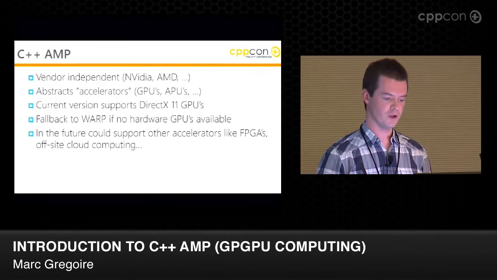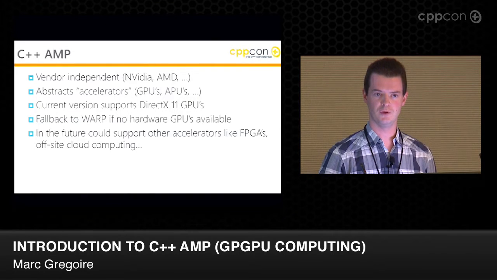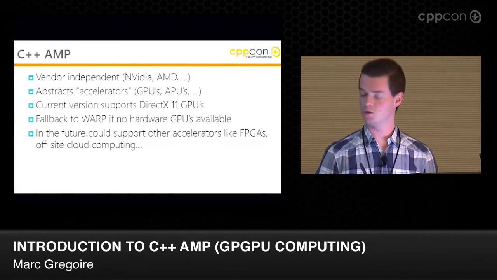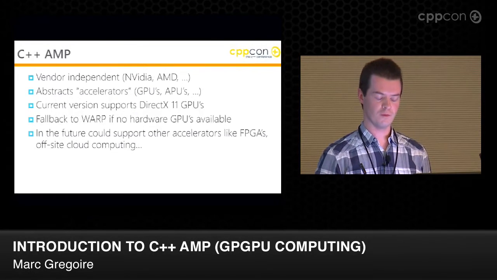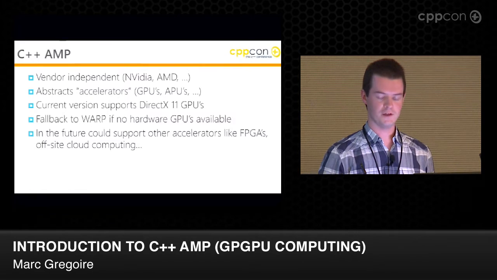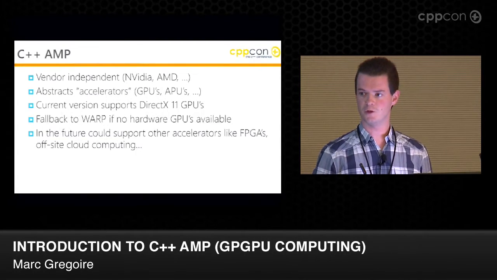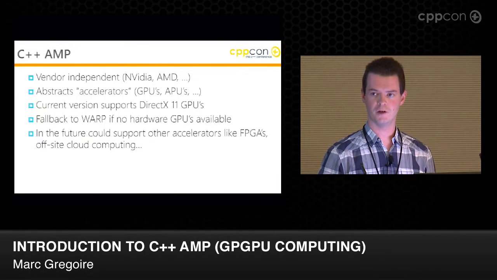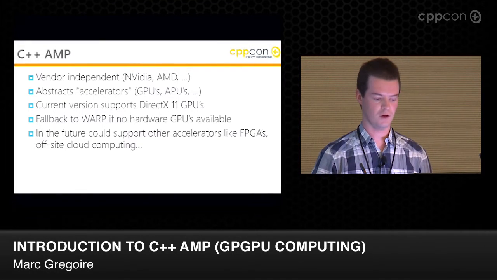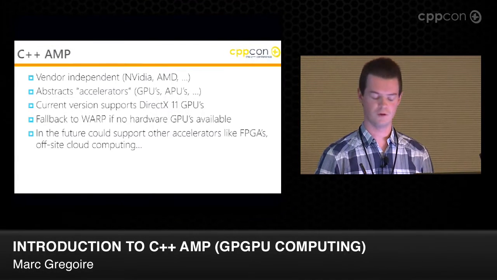It's an emulator for a DirectX 11 GPU. And as you saw in the demonstration, depending on your problem, it might be better to just write C++ AMP code and let C++ AMP fall back automatically to WARP. That might be more performant than writing your own software implementation of your algorithm.